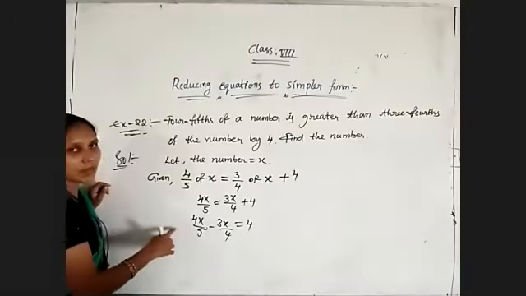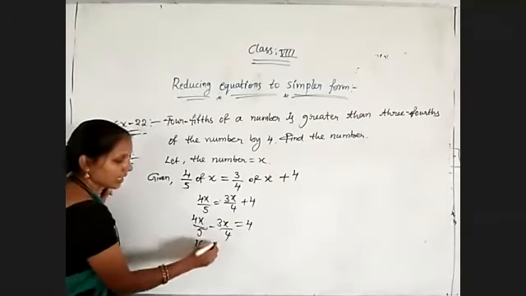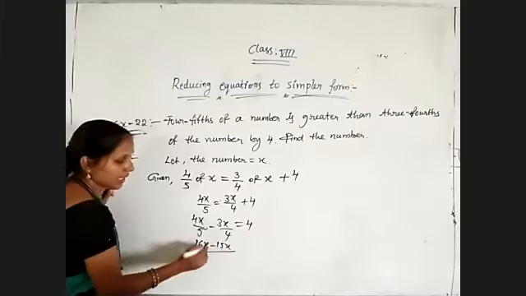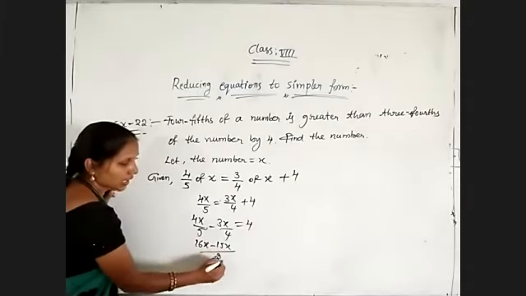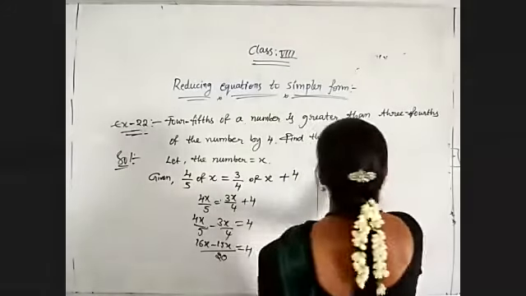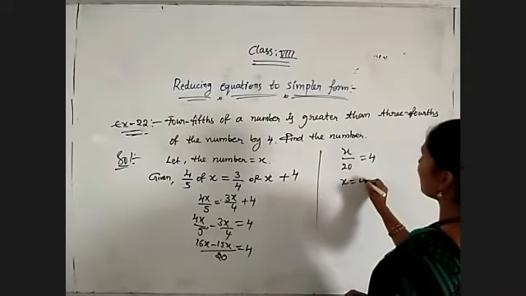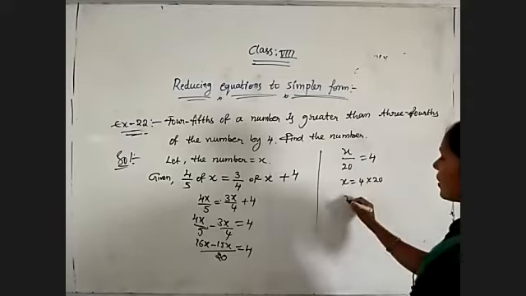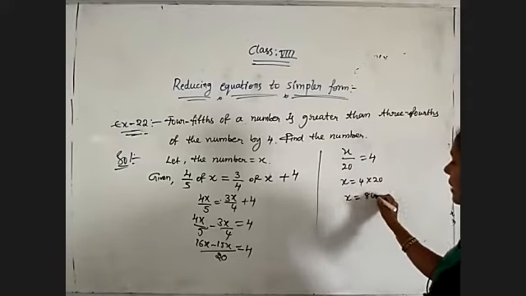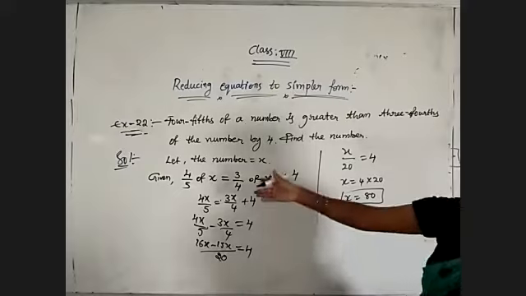Go through with the cross multiplication. 4 fours are 16x minus 5 threes are 15x, divided by 5 fours are 20, is equal to 4. So 16 minus 15 is x. x by 20 is equal to 4. x is equal to 4 into 20, so x is equal to 80. So the number is 80.